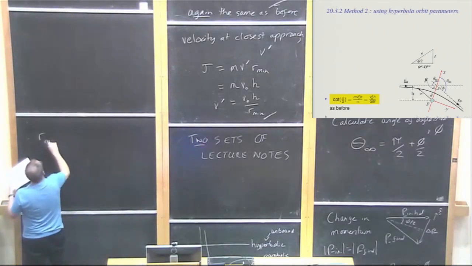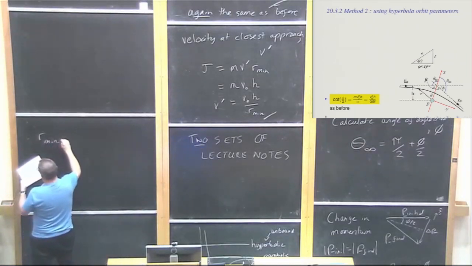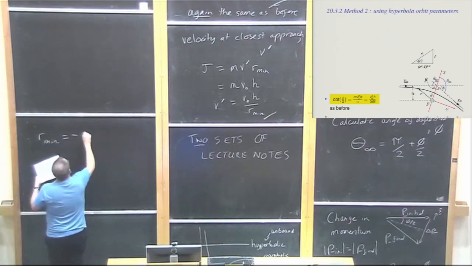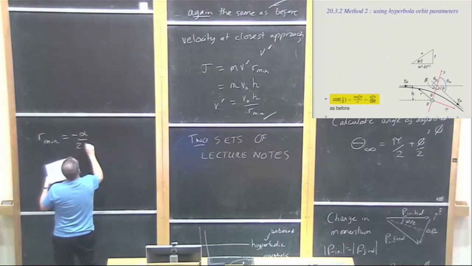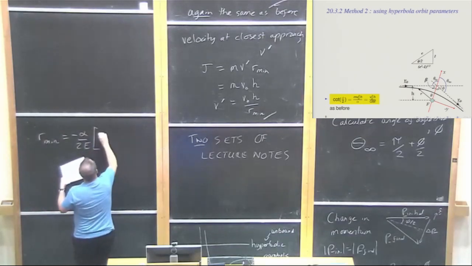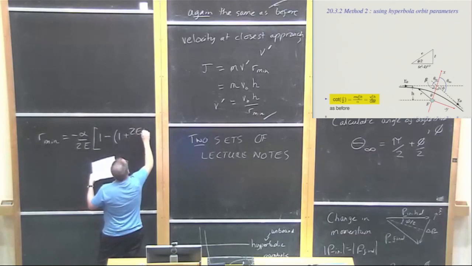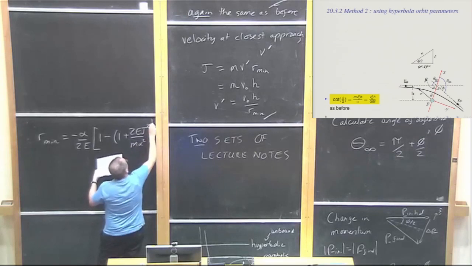We know that R min is equal to minus alpha over 2e, times 1 minus 1 plus 2e j squared over m alpha squared to the half.